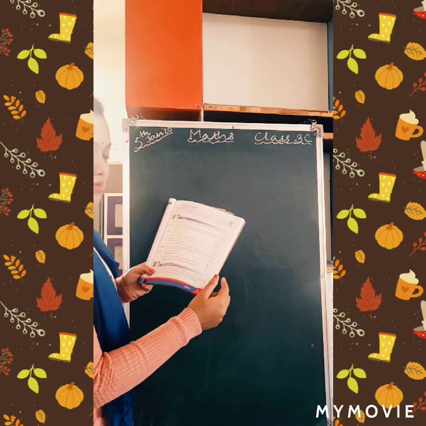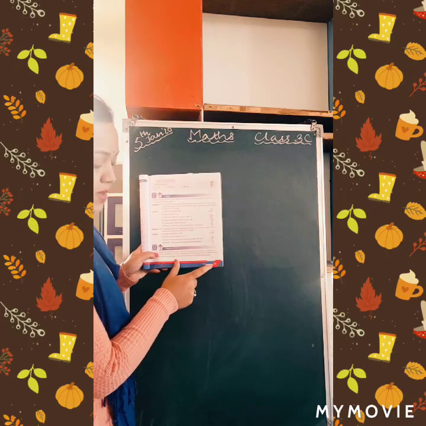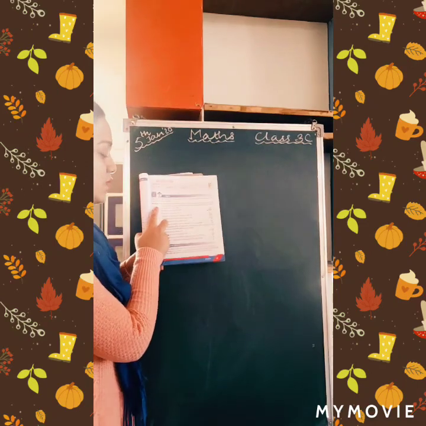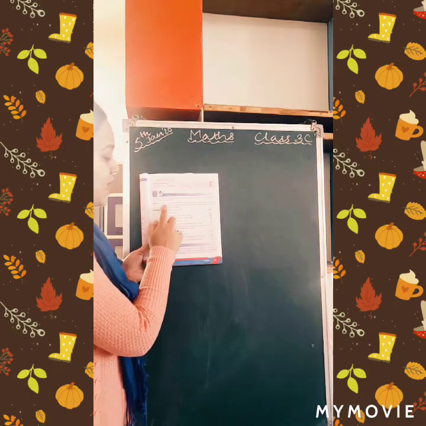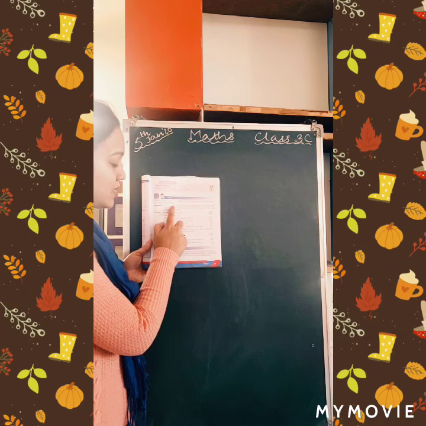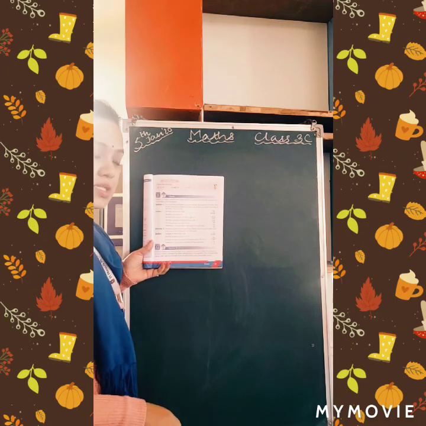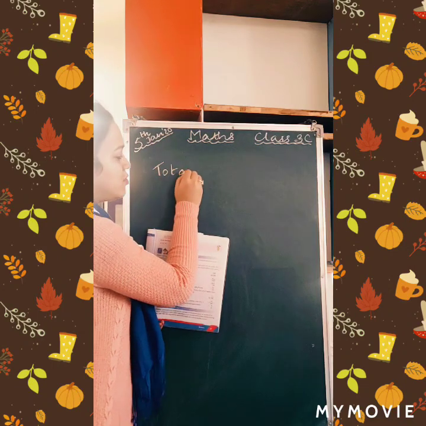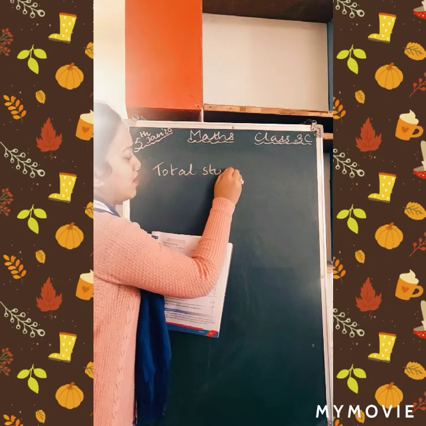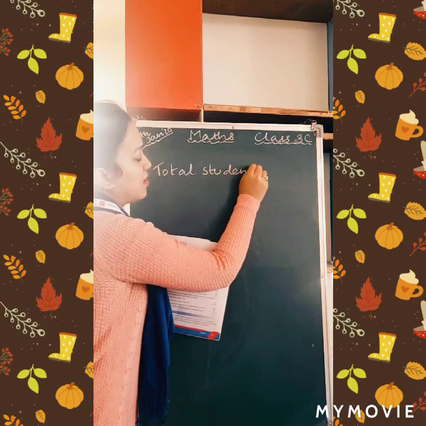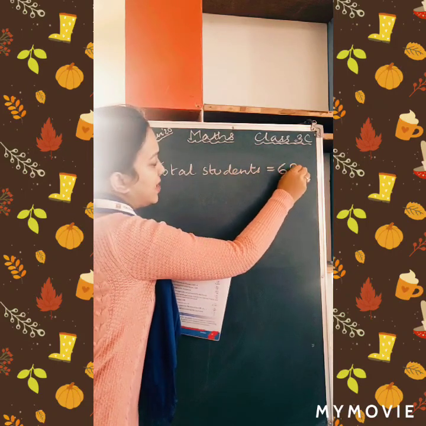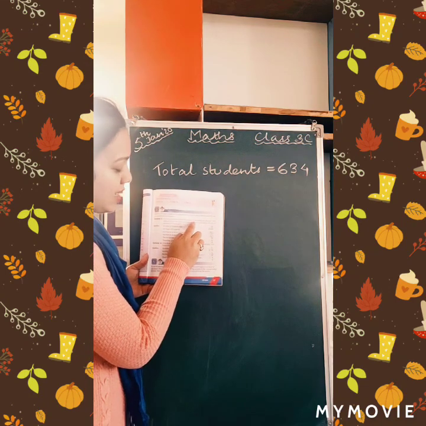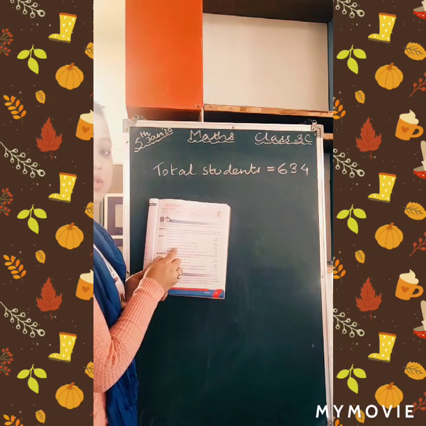Suppose in your textbook, page number 29 of chapter division, see what example has been given. A school has 634 students. That means total students is equal to 634. Now, who are equally grouped into 4 houses?